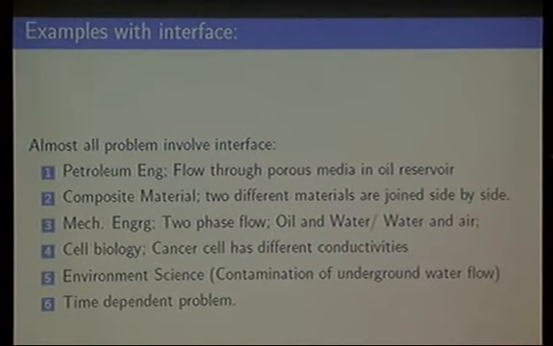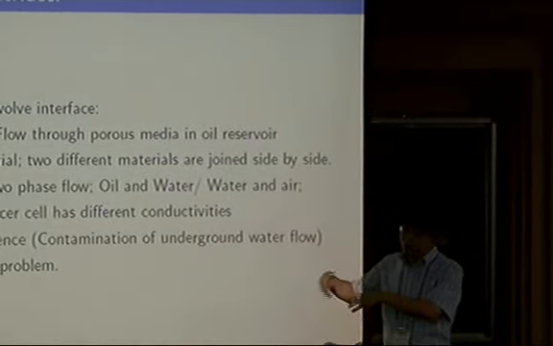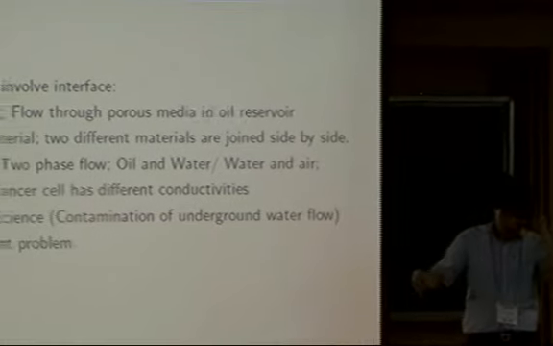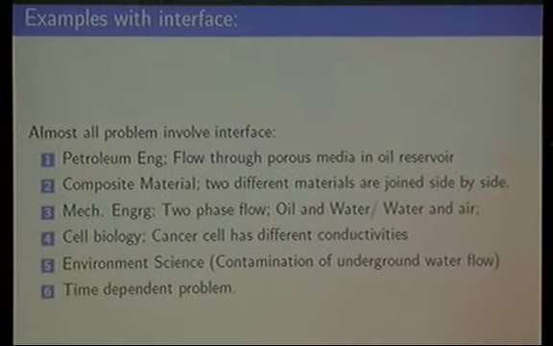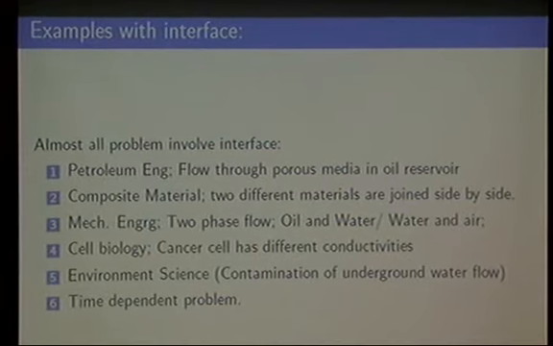For example, in petroleum engineering, underground oil flows through some porous media like rock and sand, okay? And then it meets some heavy rock, and sometimes it passes through soil or sand. So it has two different permeabilities. So we have two different materials meeting there.